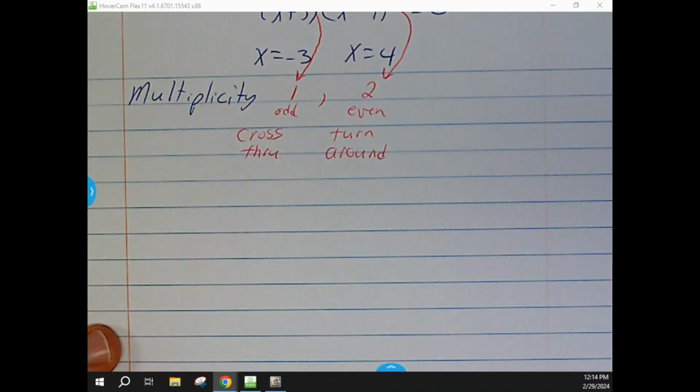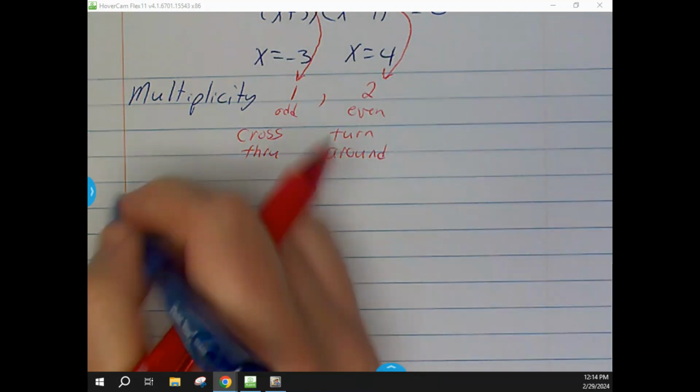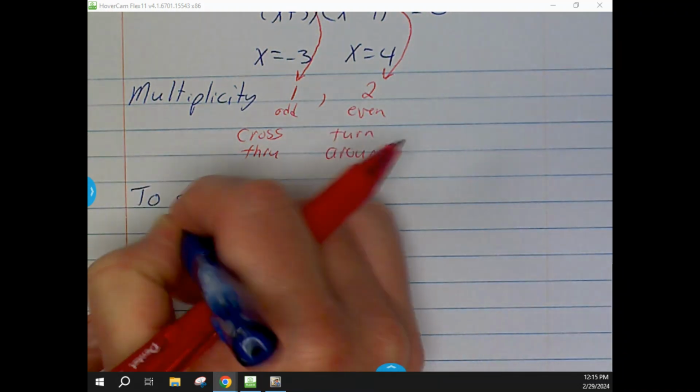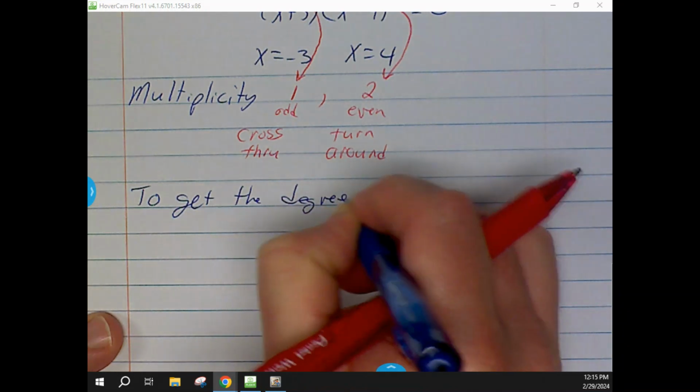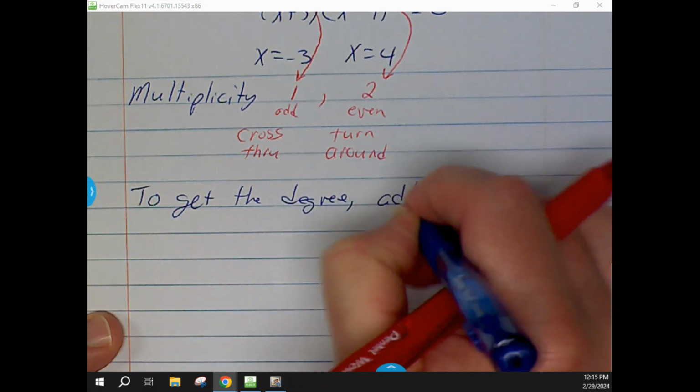And then I think two days ago we were talking about the degrees and all the stuff with that. To get the degree, you're going to add your multiplicities together.